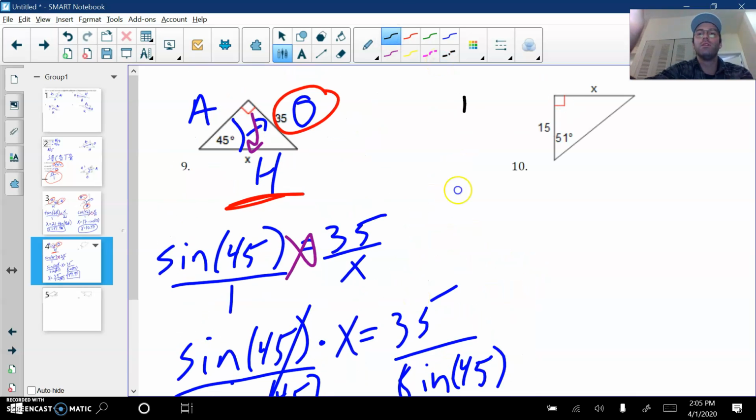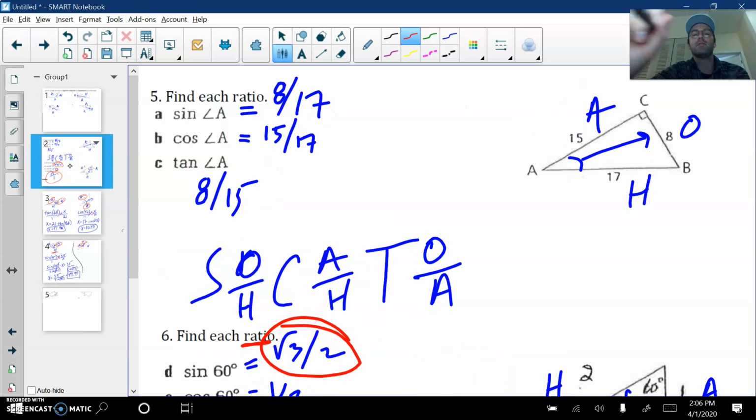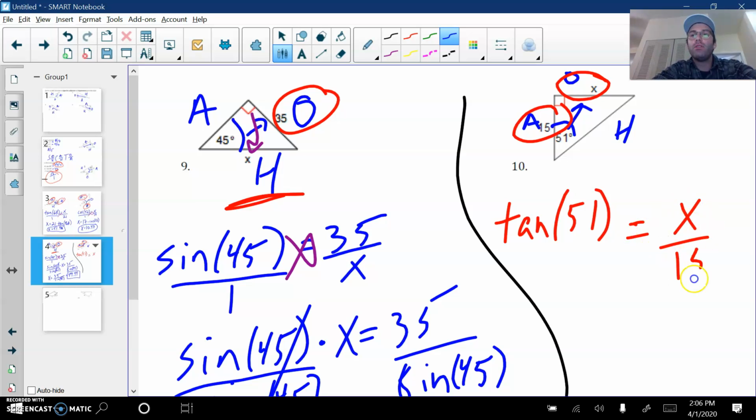This one was like 7 and 8. Here's my angle. This is the opposite. This is the adjacent. Here's my hypotenuse. O and A means tangent. All right, so I'm going to take the tangent of this angle. Tangent of 51 equals X over 15.